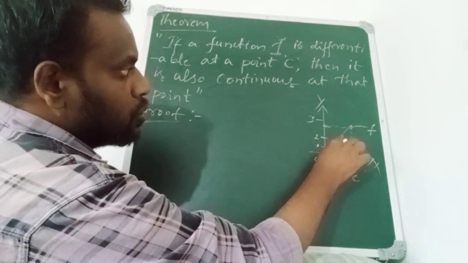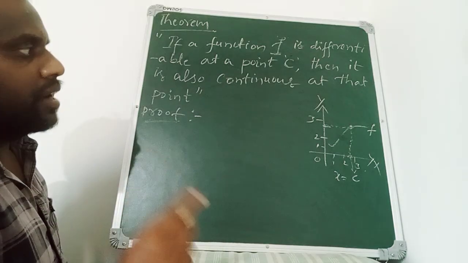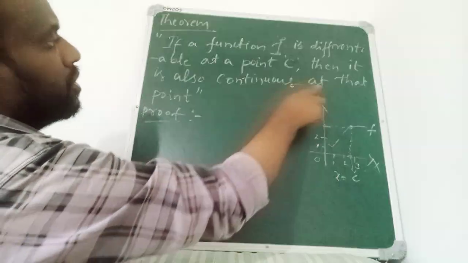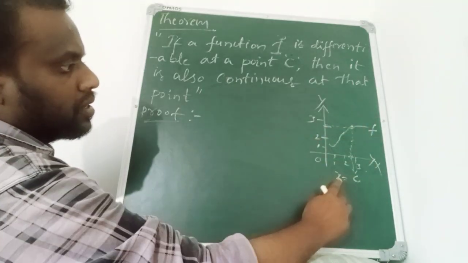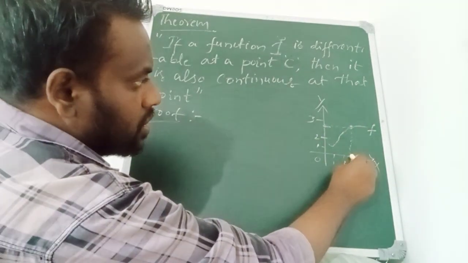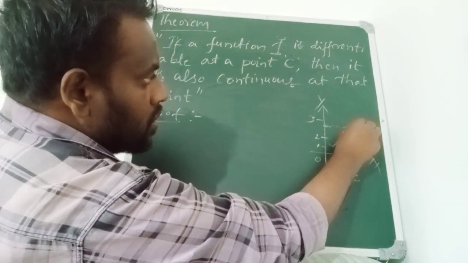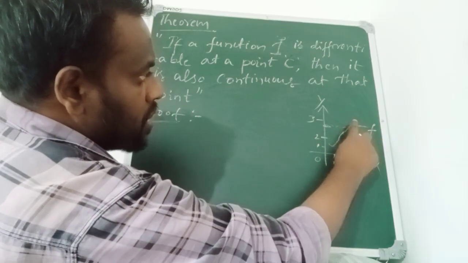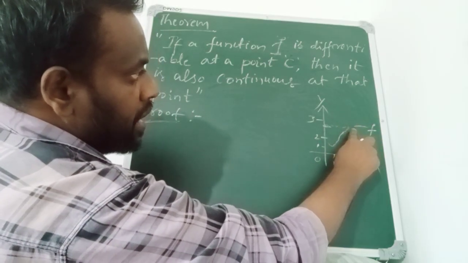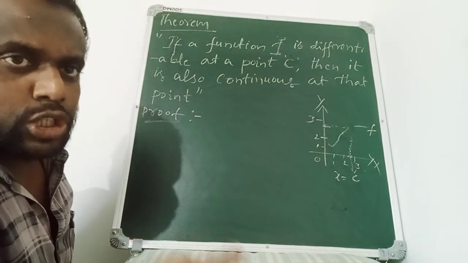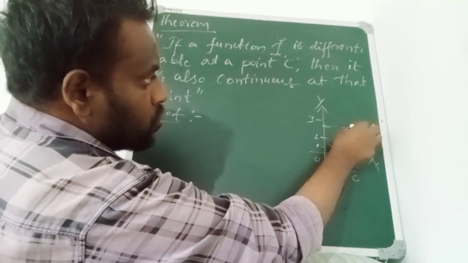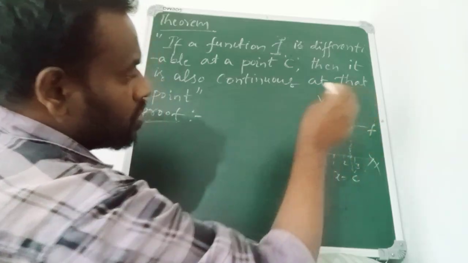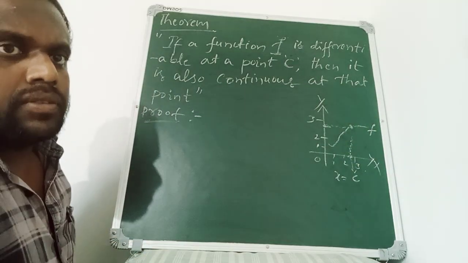When I erase here, there is an opening. So we have to prove it is continuous at that point, that means at x equal to c the function is continuous. I mean there is no break like this. The function is continuous like this. So that we have to show.